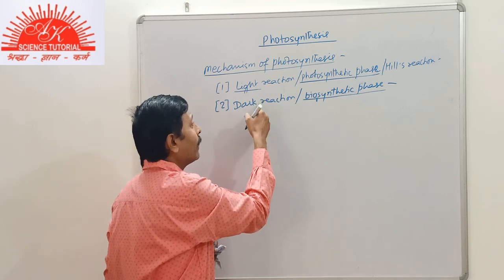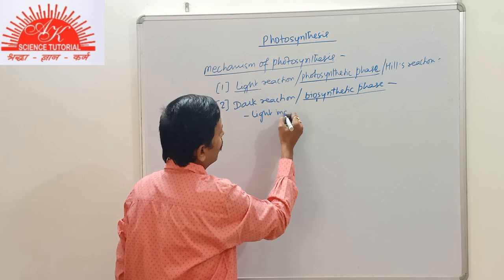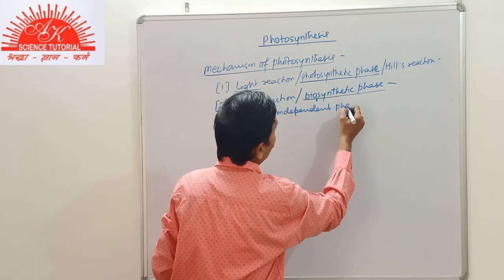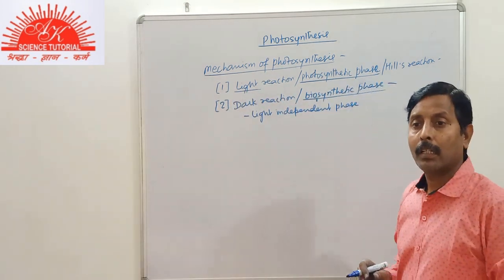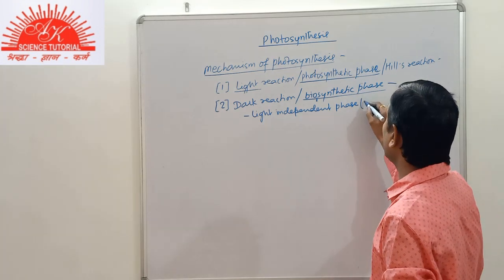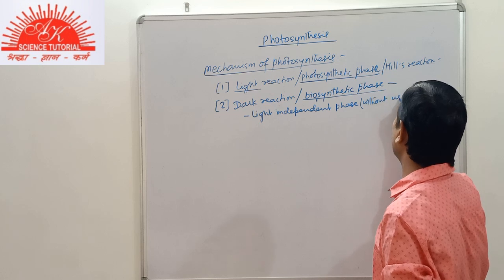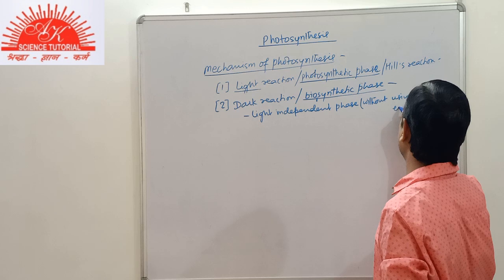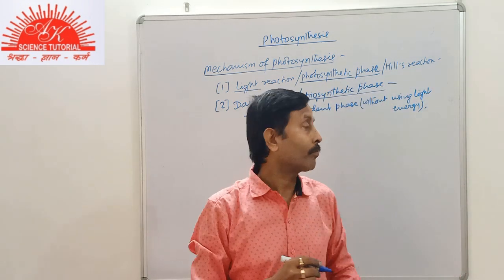It is the light independent phase. Light independent phase means although it accompanies light reaction, it is performed during the daytime but does not use light energy. In this phase light energy is not required.